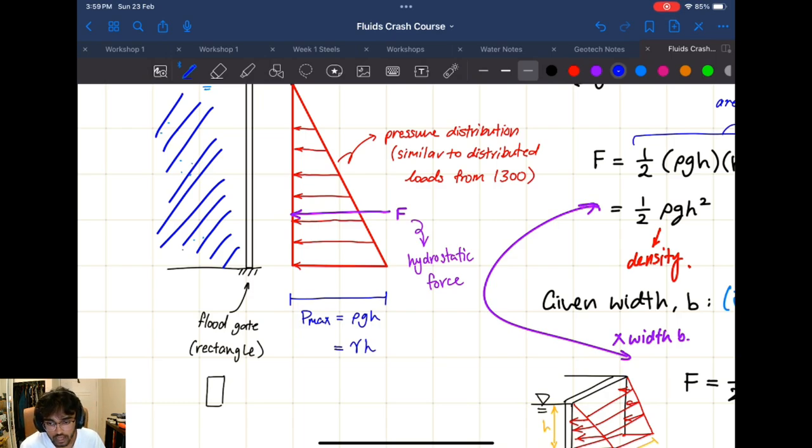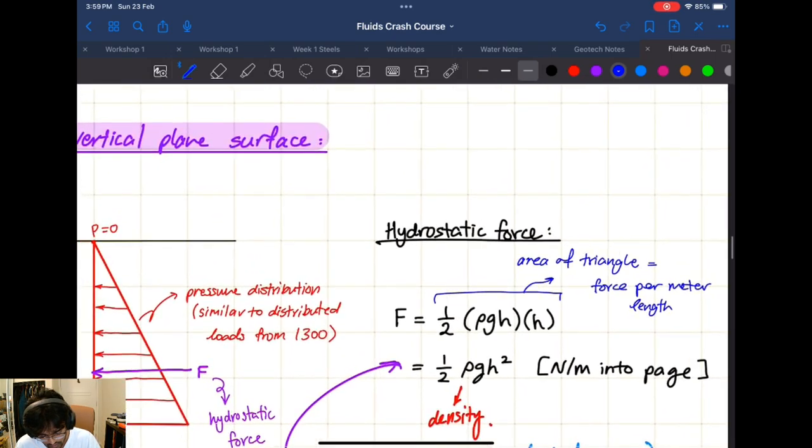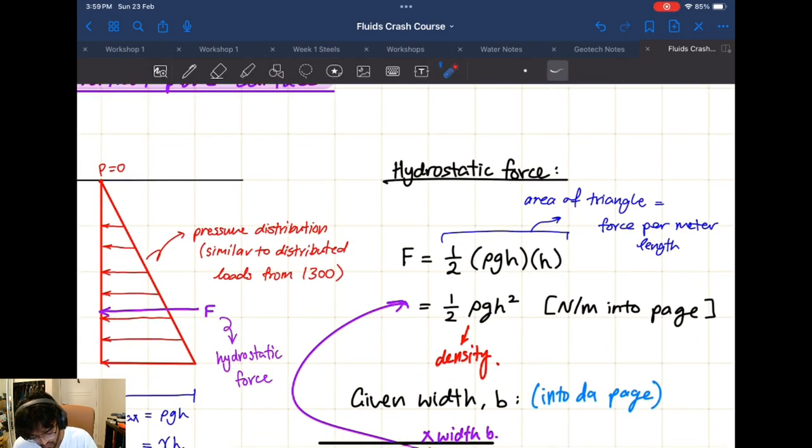So, if we take a look at the hydrostatic force, it's pretty much just given by the area of the triangle. Alright, so the area of the triangle is going to be our first force per unit length.